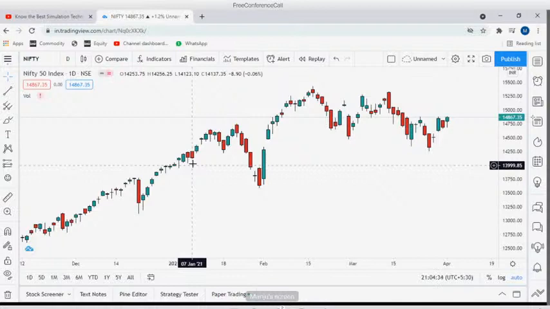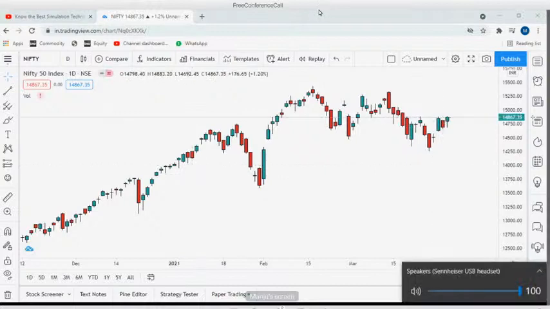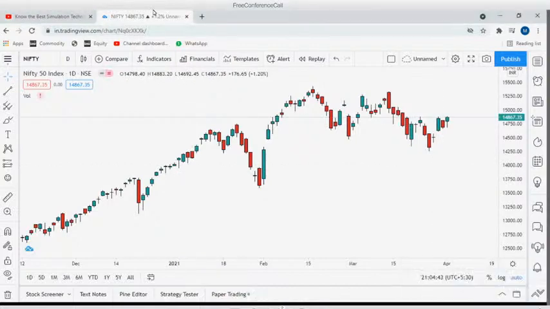Increase volume. Volume is 100%. Let me check. Am I audible, guys? Hemant? Yeah, you are audible. Any issues in the audio?